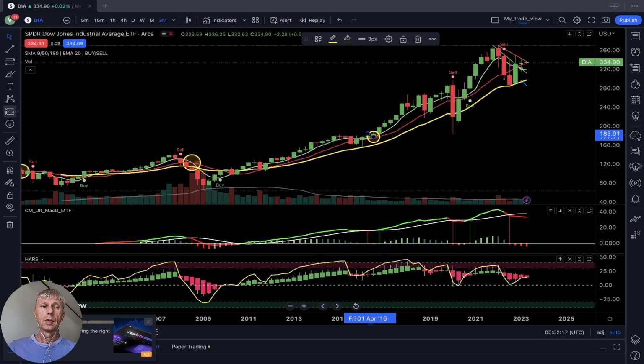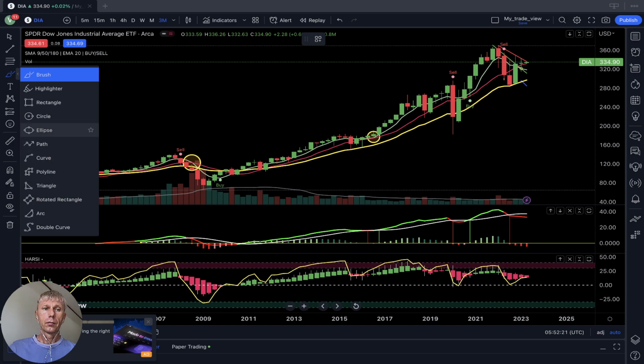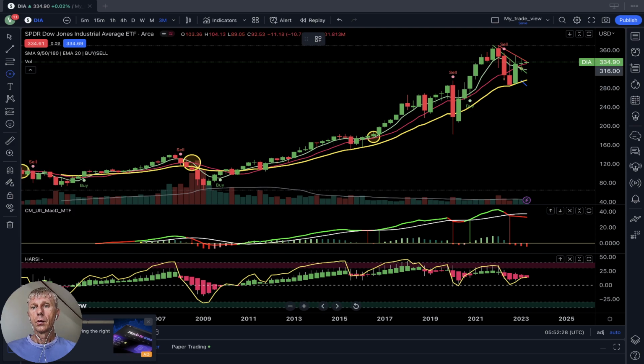Let's see. Let me show you. This bearish crossover. Same bearish crossover on the MACD, right?